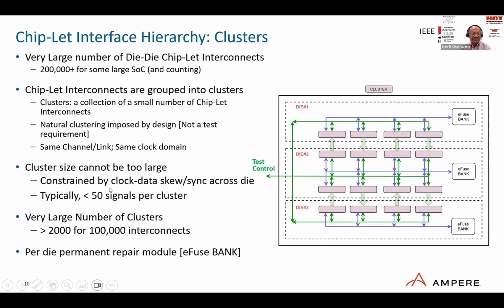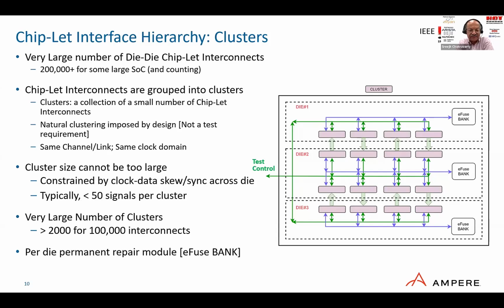So if you assume that there are 100,000 interconnects, we are suddenly talking about a very large number of clusters. Training, repairing, and ensuring that all of these interconnects are working is time consuming and very tedious, and it has its own challenges.